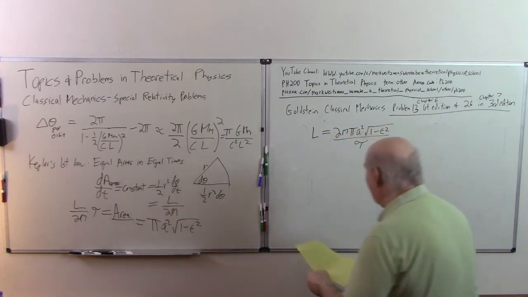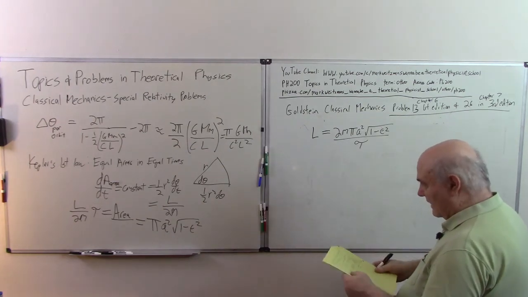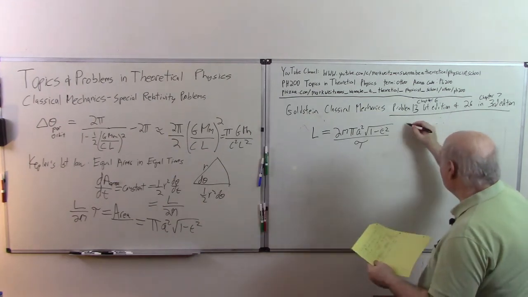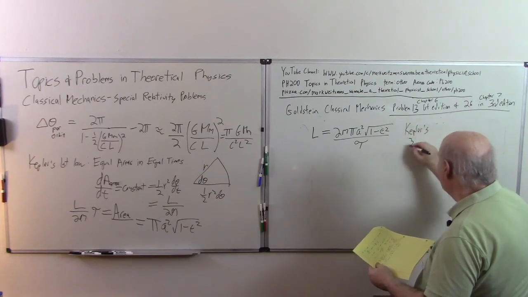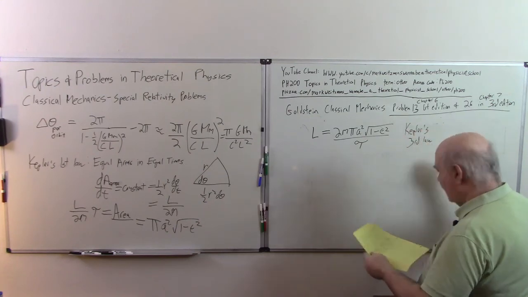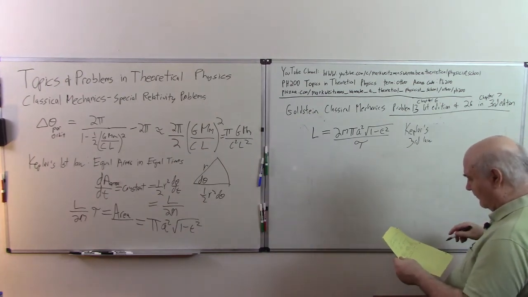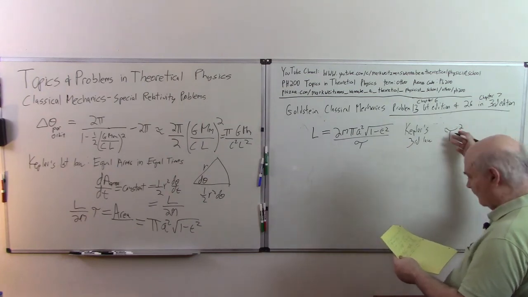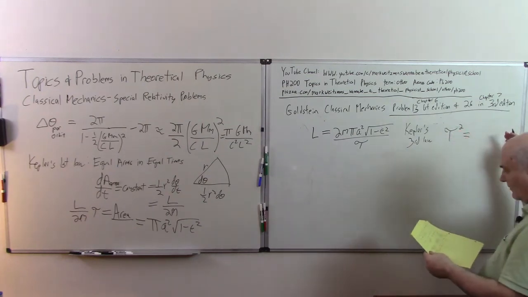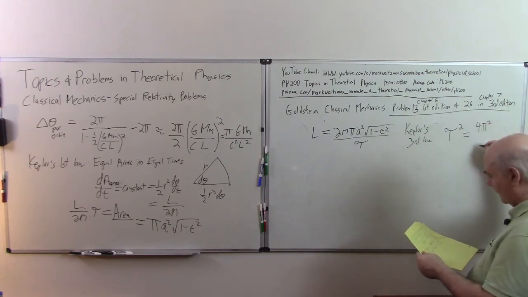Now, I know we introduced another parameter, tau, the period, but now we use Kepler's third law. And I'm not going to derive this. This is all in Goldstein chapter 3. But he shows that tau squared, the period squared, is proportional to the cube of the semi-major axis, and you can work out the proportionality constant.